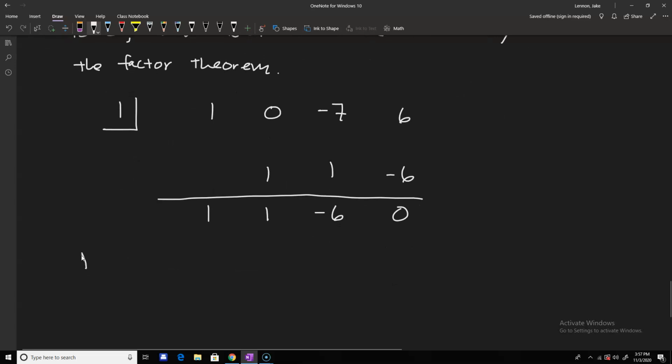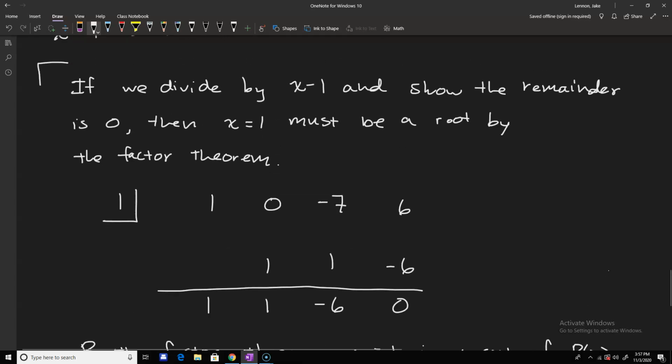So by the factor theorem, x equals 1 is a root of p of x. Even better than that, it actually tells you how it factors, right?